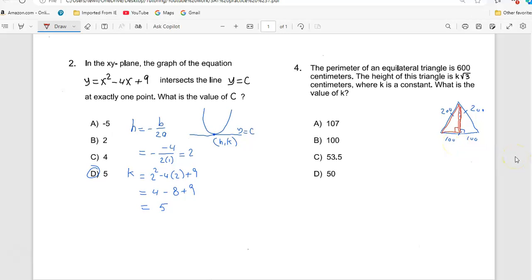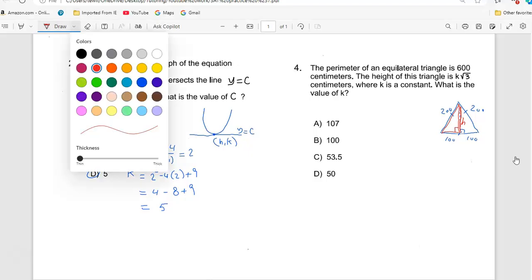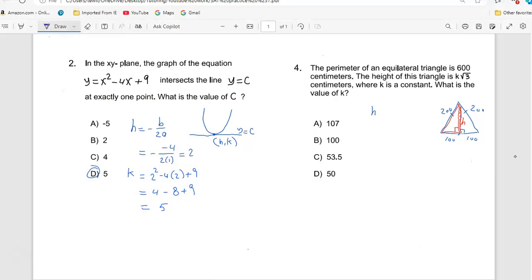So h, which is the height, equals the square root of 200 squared minus 100 squared.